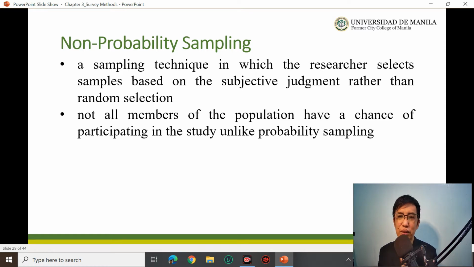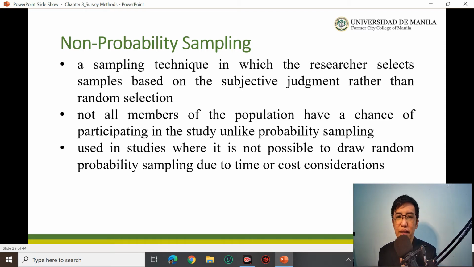That's subjectivity. And it is used in studies where it is not possible to draw random probability sampling due to time or cost considerations. Ito yung sinasabi ko kanina. Especially this time of pandemic, medyo mahirap mag-probability sampling. Kasi nga, cost considerations and time considerations.